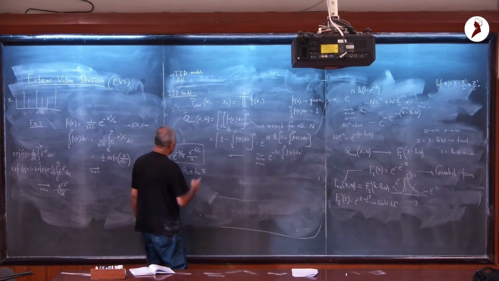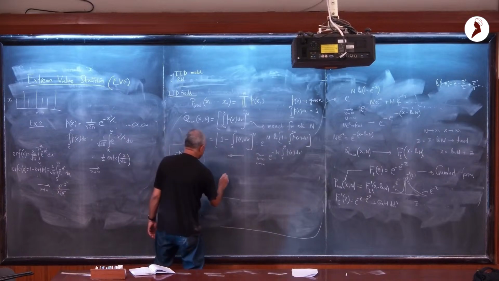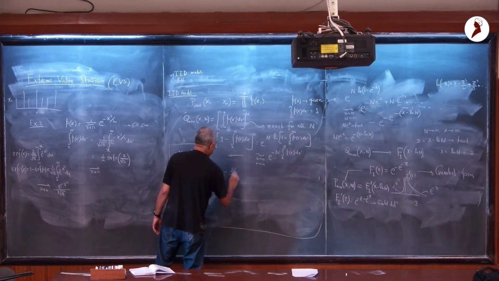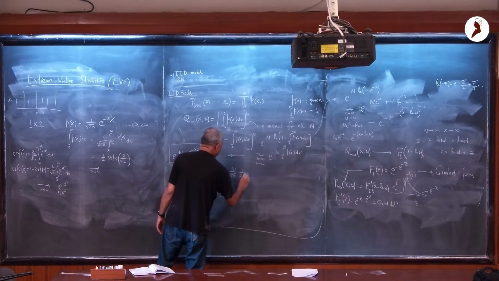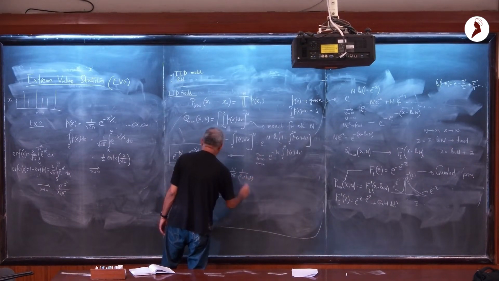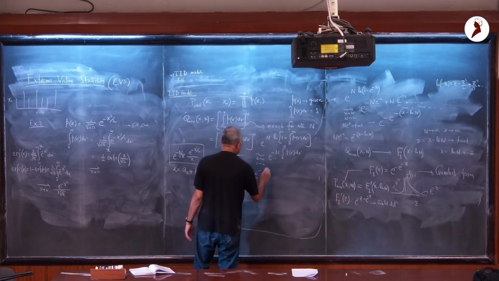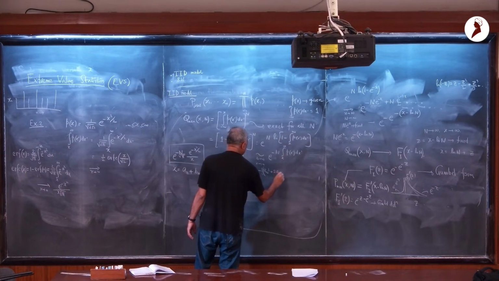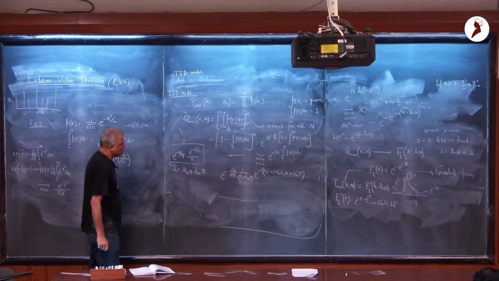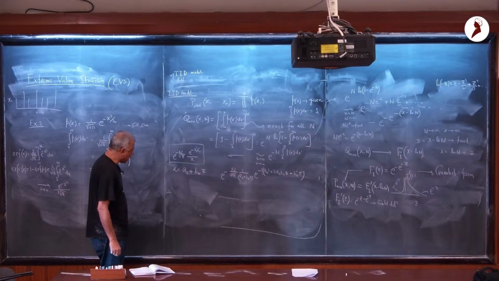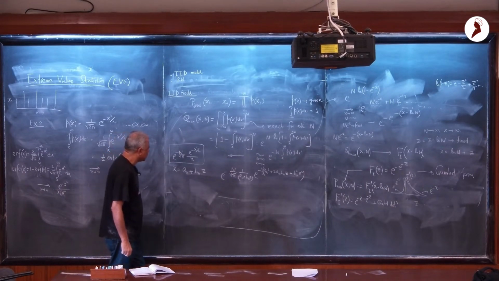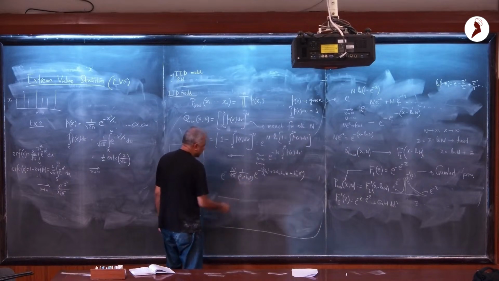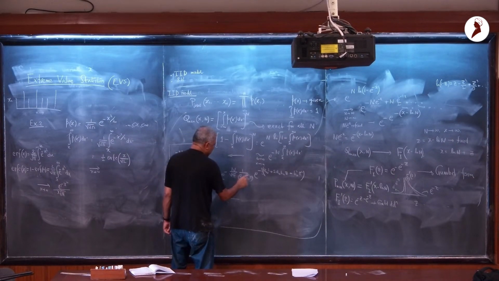So if I just substitute this, you see that this becomes n by root pi. Now, you can check a posteriori that this is small, essentially.